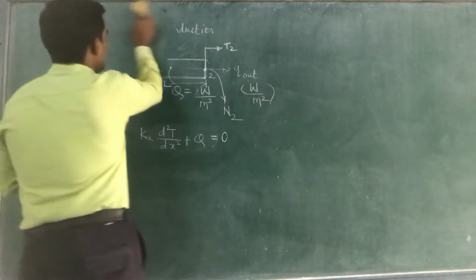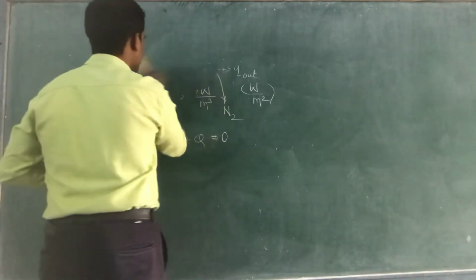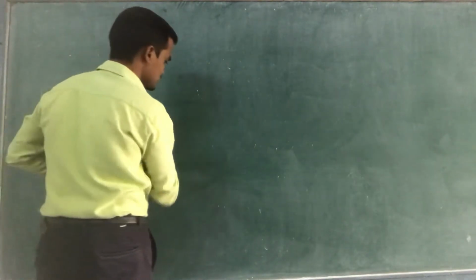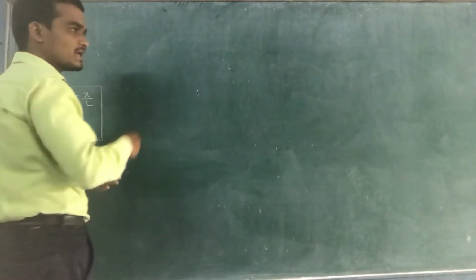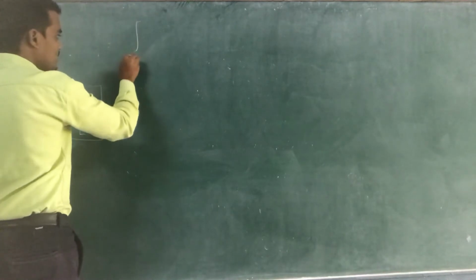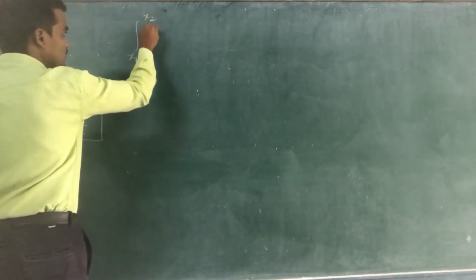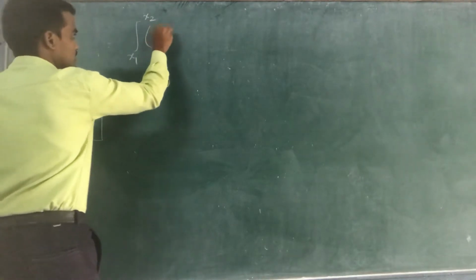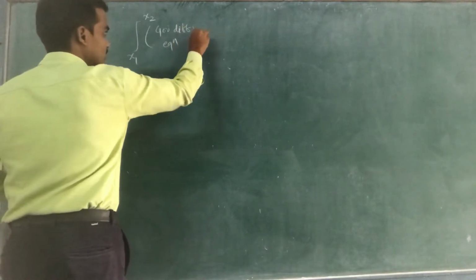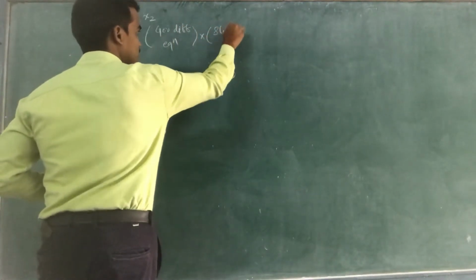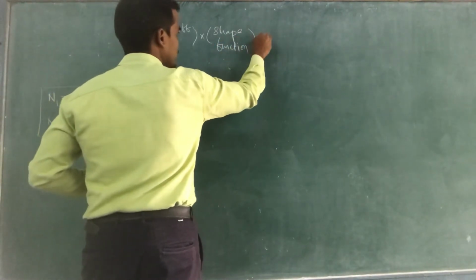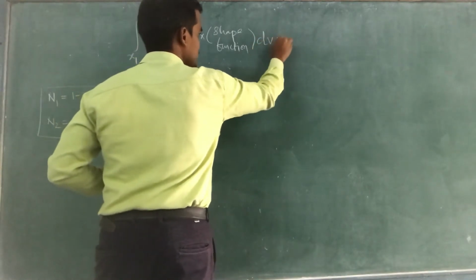Now we know that by using the finite element procedure, if we apply our Galerkin procedure to derive the elemental stiffness matrix, it is given by the integral from x1 to x2 of the governing differential equation for that element times the shape functions used, into volume dV, is equal to 0.